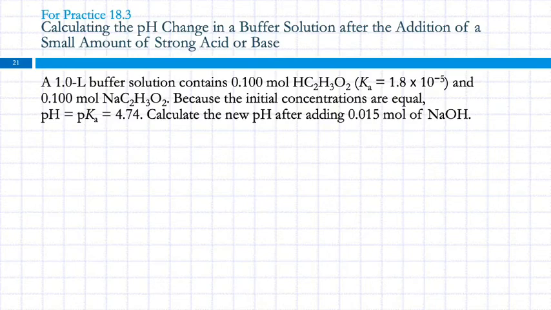The acetic acid or the sodium acetate? I have hydroxide ions, it's going to react with the acid, right? The base is neutralized by acid. And what's that going to make? Water, acetate ion.